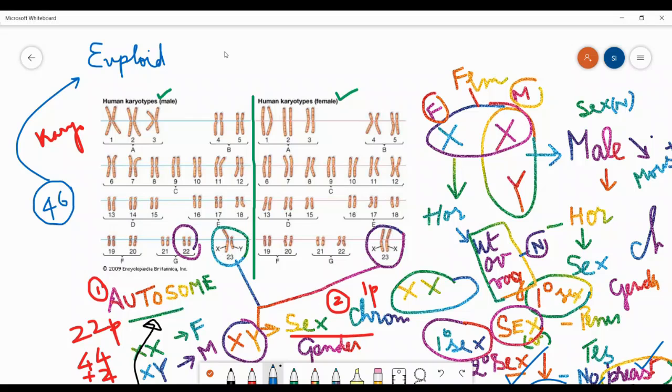Euploid is normal ploidy. In polyploidy we have 46, XX or XY, plus either 23 or haploid, X or Y, or a 46, XX.